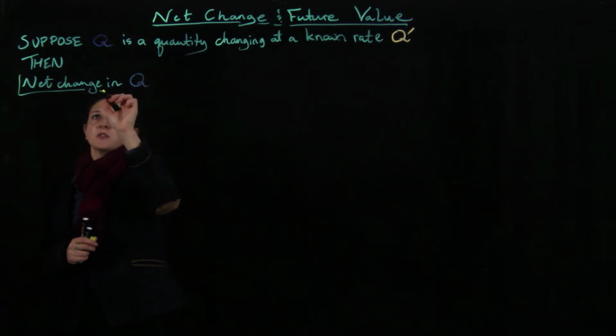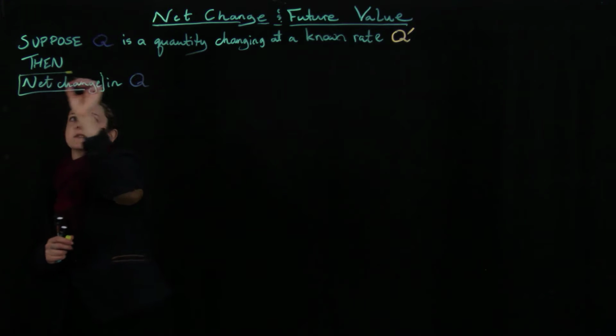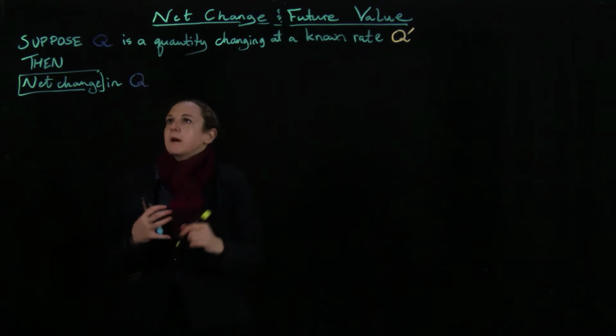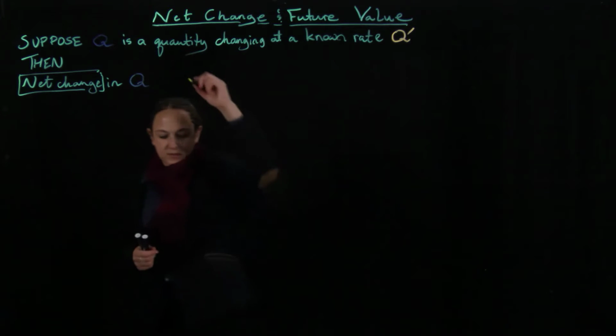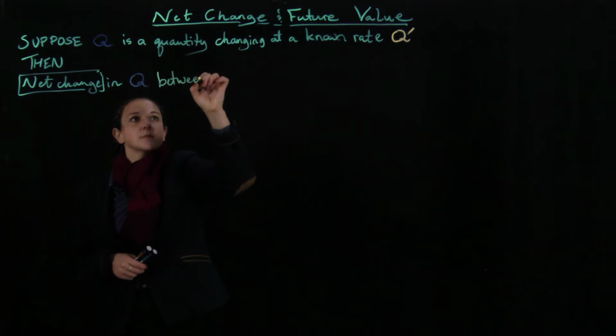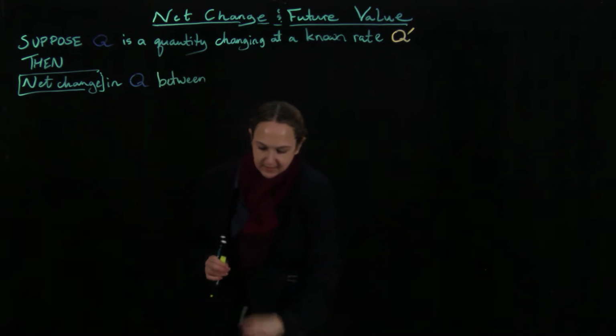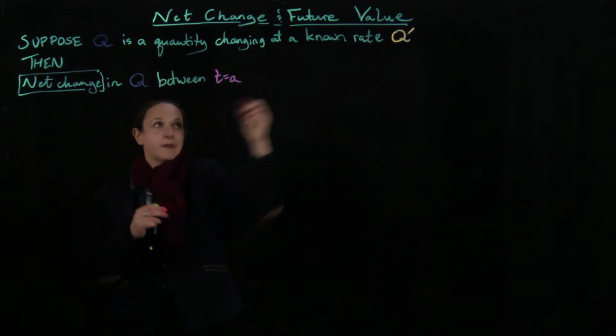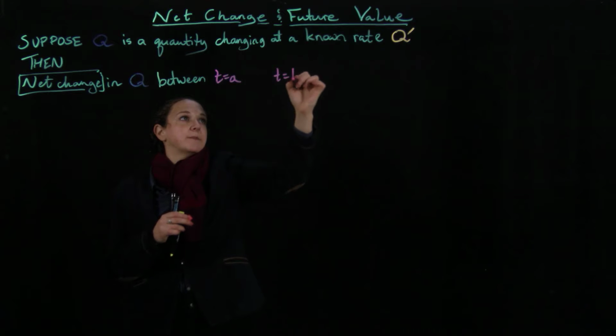We've used this terminology a little before, but I wanted to give you this, and it's going to be kind of two pieces here. The change in Q between, and then you're going to recognize that these are bounds. So this is between T equals A and T equals B.